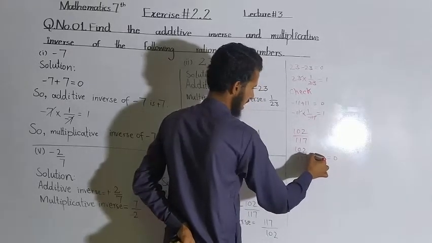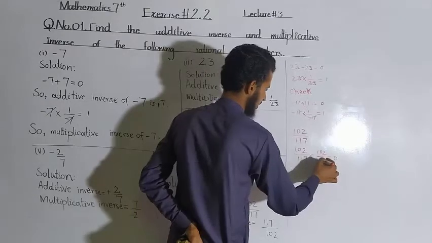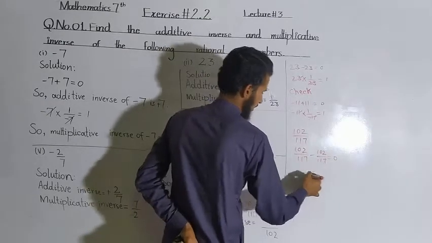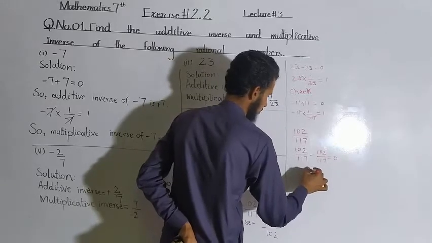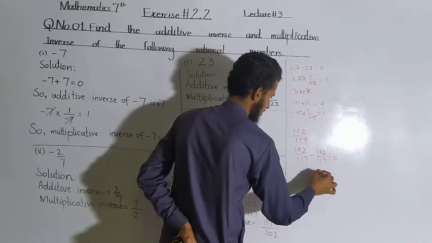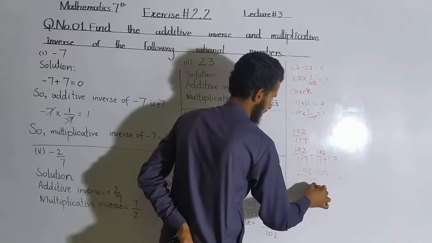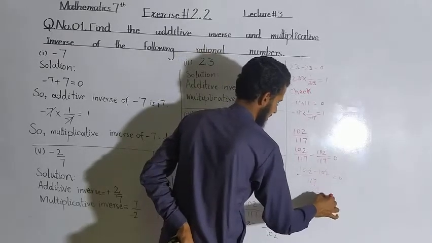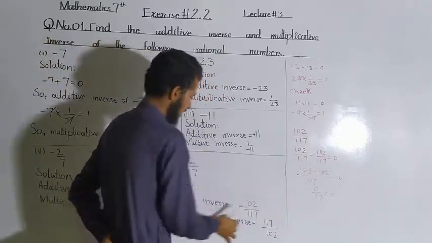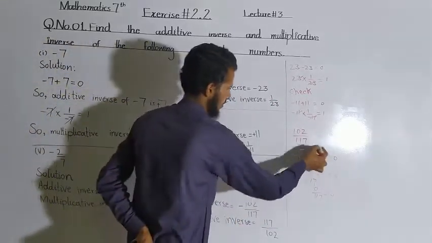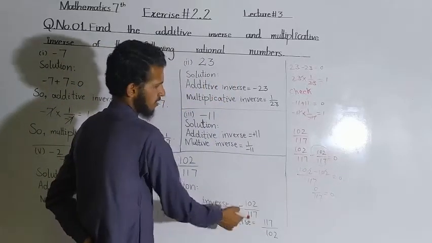If you add minus 102 over 117, after taking the LCM 117, 102 minus 102 cancels and 0 by 117 is equal to 0. So its additive inverse is minus 102 divided by 117.